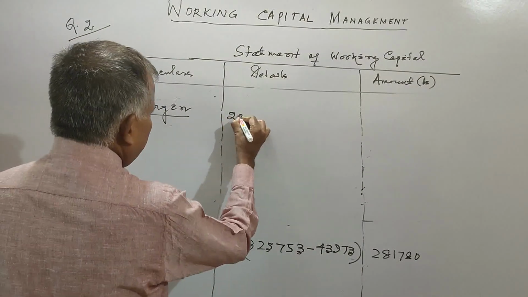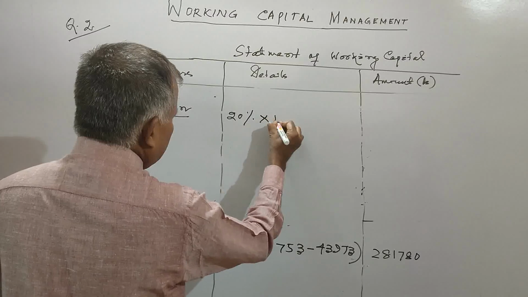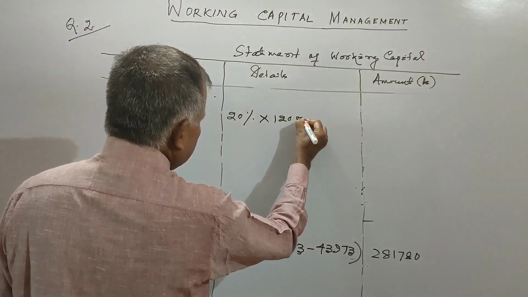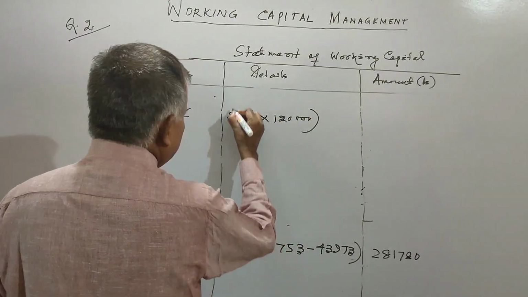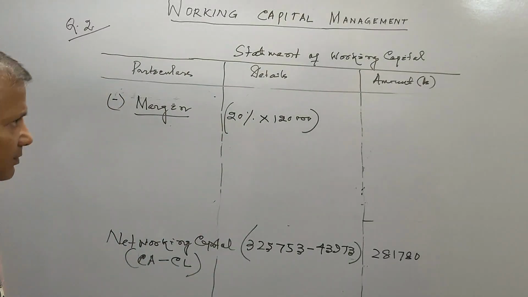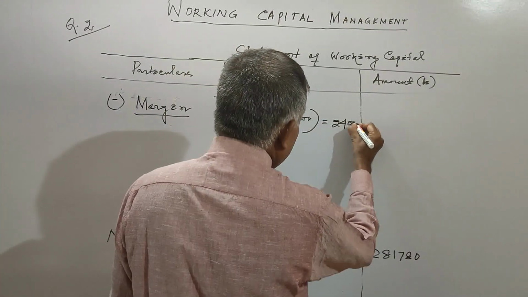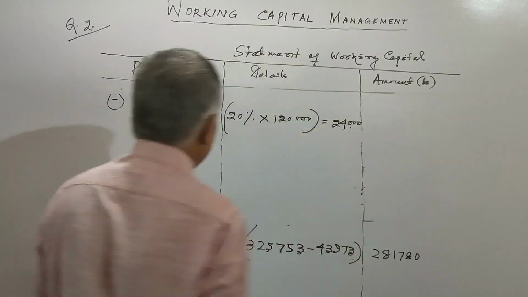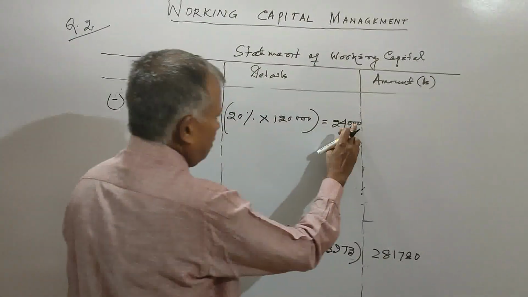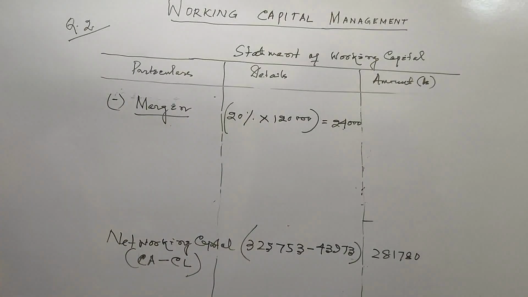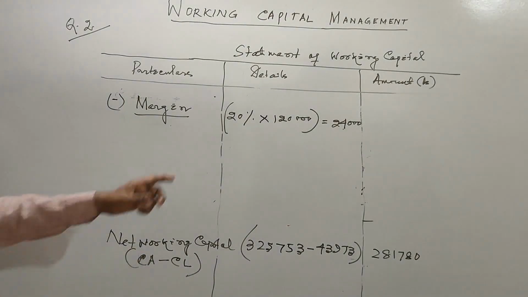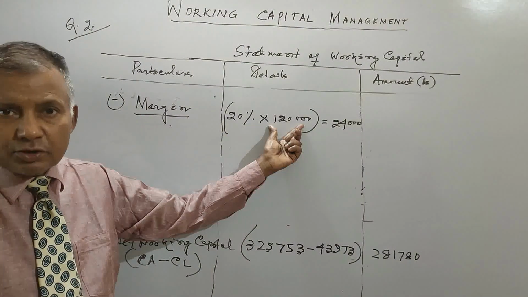So 20% on raw material stock of 1,20,000, therefore the margin is 24,000 on raw material, right? 1,20,000 is the raw material stock.